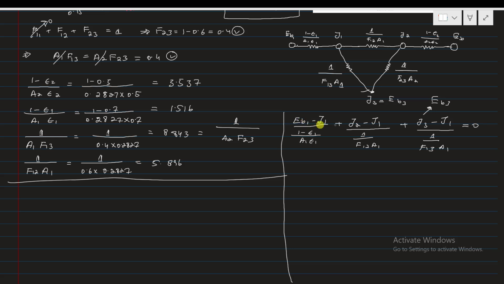Remember J3 means EB3, so we will need to find EB3 first. Here the EB1 and EB3 values are unknown, so we will calculate those first. Also we will calculate the EB2 value, which is used further.